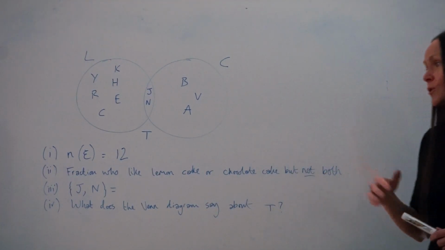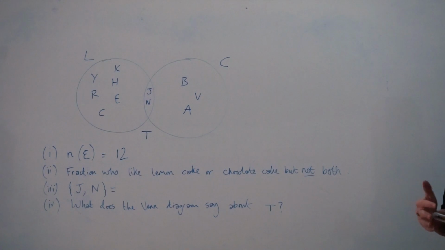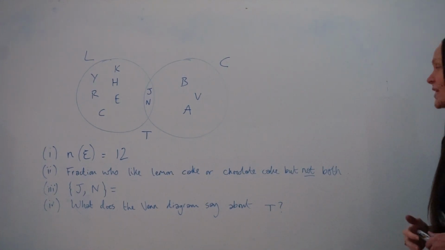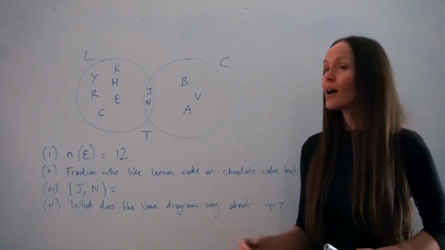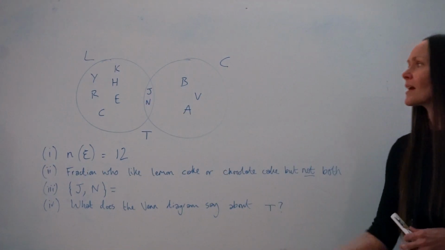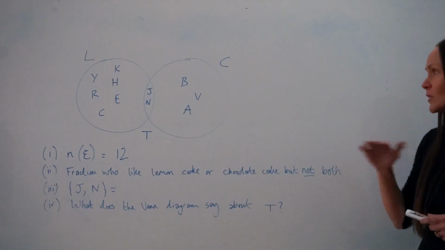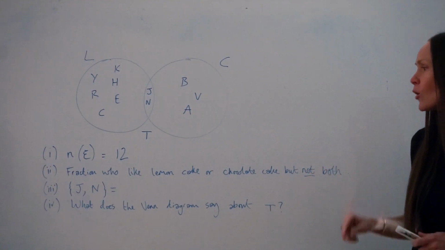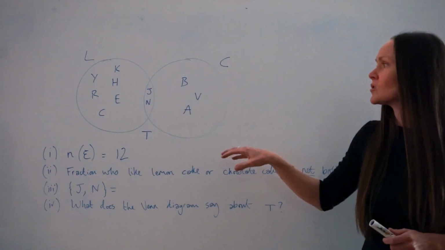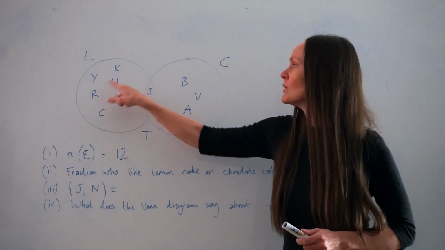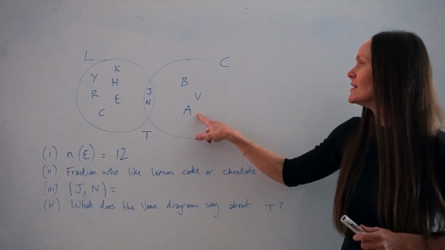Now, on part 2, it says, write down the fraction who like lemon cake or chocolate cake, but not both. Okay, so remember these two people here on the intersection are the people that like both lemon cake and chocolate cake. So we don't want to count those. We only want to count the people who like just lemon cake or just chocolate cake. So 1, 2, 3, 4, 5, 6, 7, 8, 9.